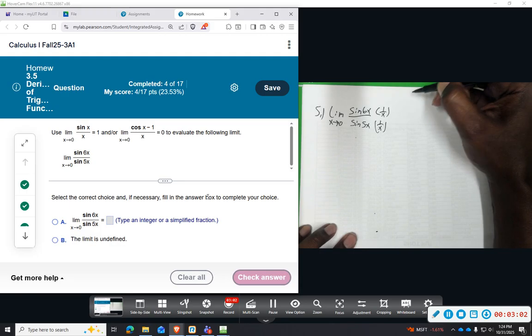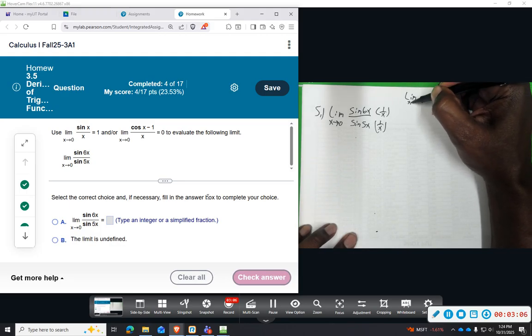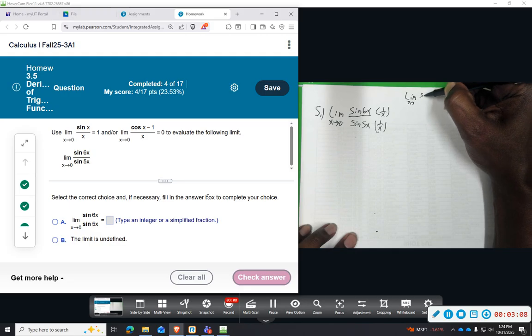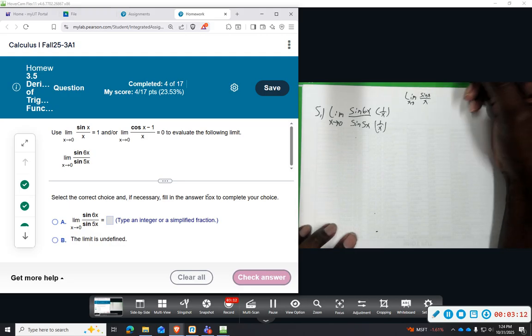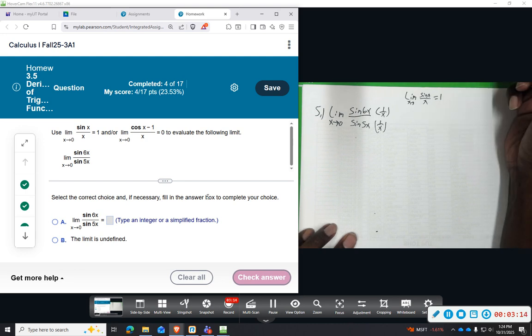Our goal is to get each of these functions to look like the given sine x over x, which we know is equal to 1.